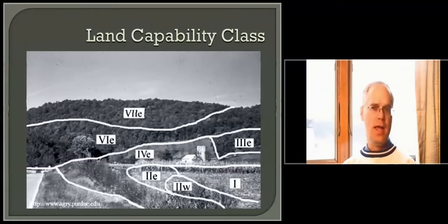Then there's Class 2 land, not quite as good, and you notice they're always in Roman numerals. Typically when they express them, sometimes you might find them in regular numbers, but Class 2 land is listed there. There's a Class 3 land, Class 4 land. Anything Class 1 through 4, for most purposes, is considered farmable, and you can raise crops on it.